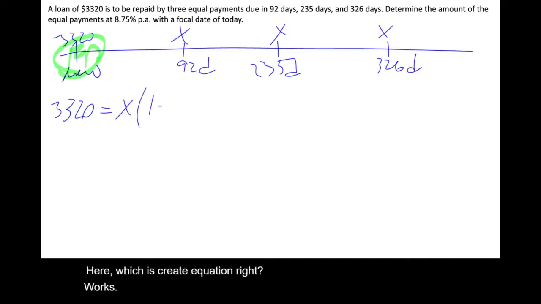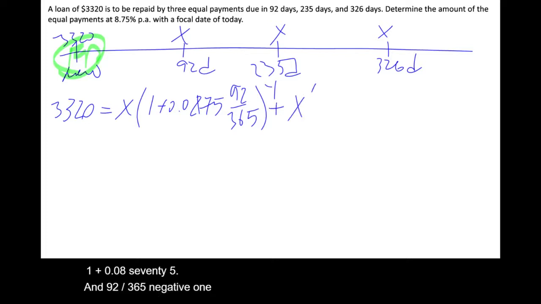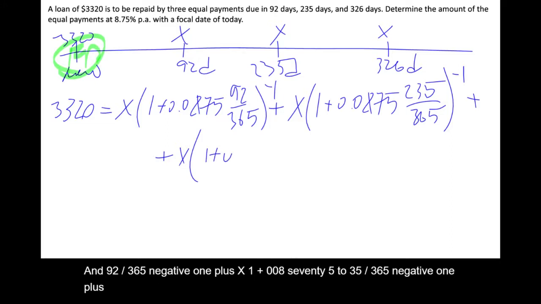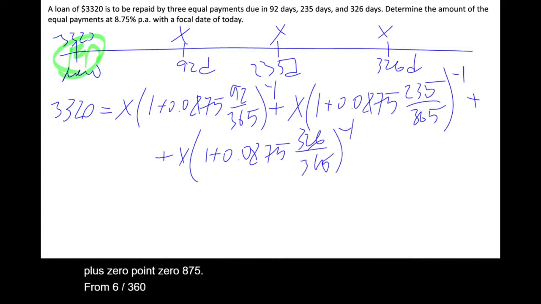X times (1 plus 0.0875) to the power of 92 over 365 negative 1, plus x times (1 plus 0.0875) to the power of 235 over 365 negative 1, plus x times (1 plus 0.0875) to the power of 326 over 365 negative 1, equals 33.20. So let's calculate all this.